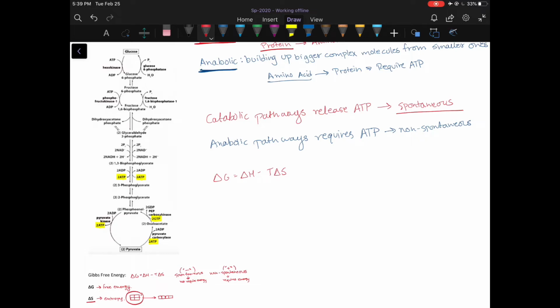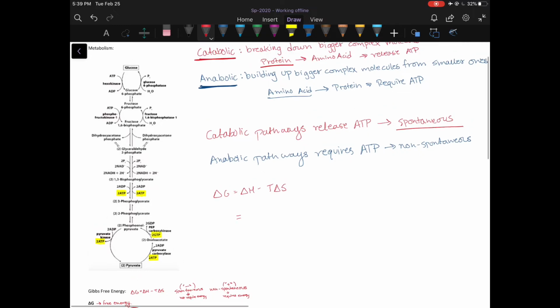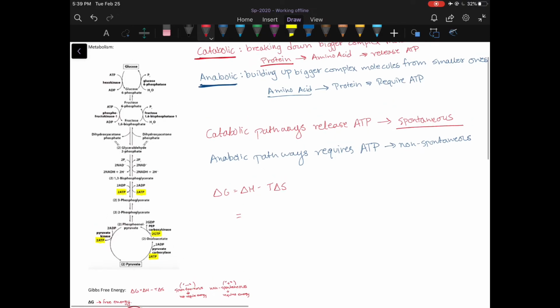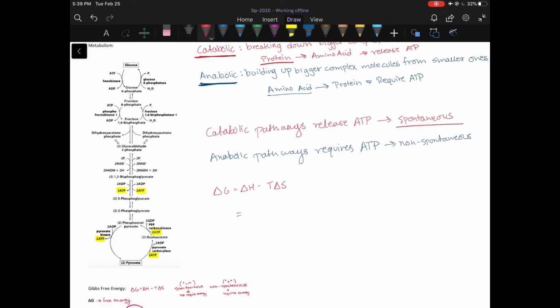So for catabolic pathways, our delta H is actually going to be negative. So delta H is the chemical energy in the bonds. So when we're going from a bigger, more complex molecule to a smaller one, our energy in the bonds will decrease. So it's going to be a negative value.